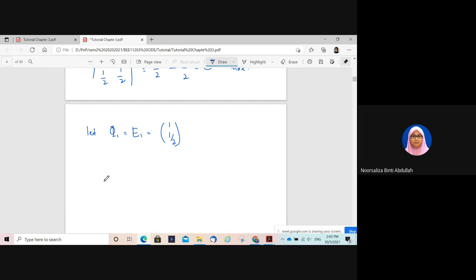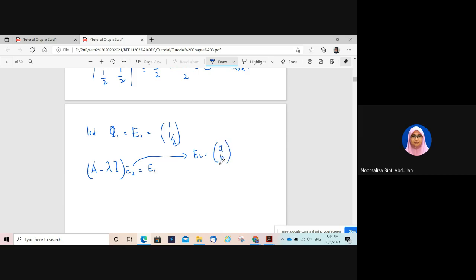It is based on this equation: A minus lambda times the identity matrix, and this one times E2, equals to E1. And let E2 equal to a and b.